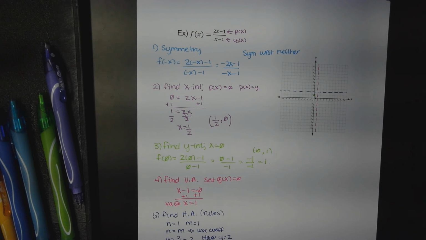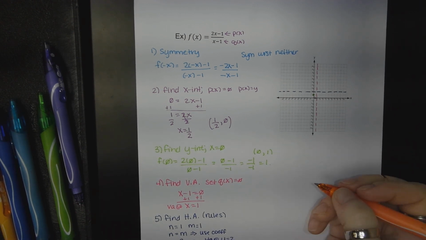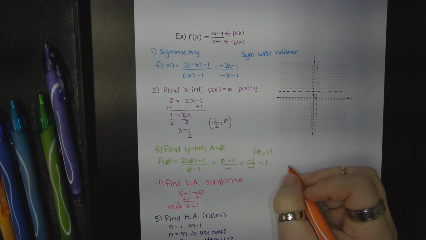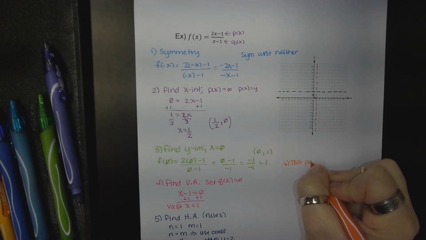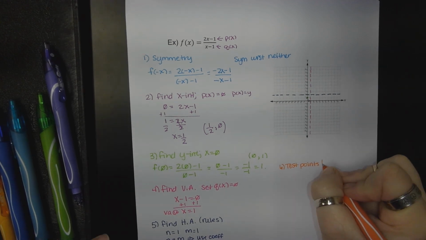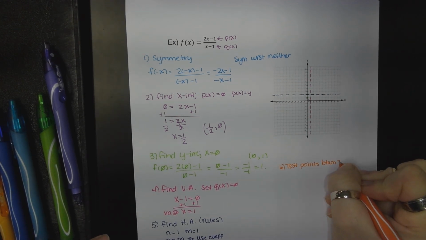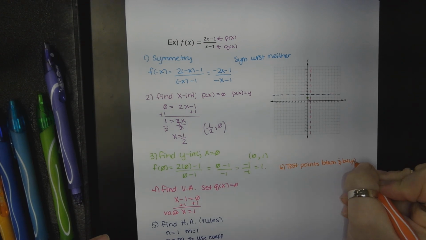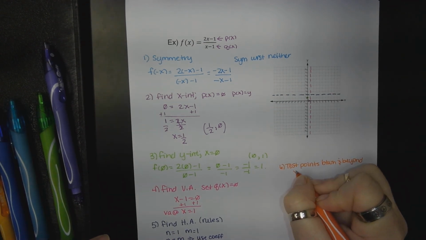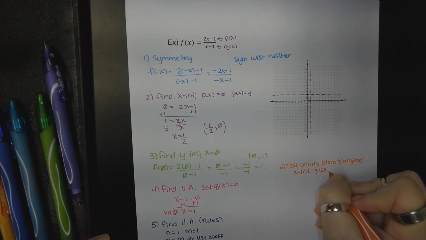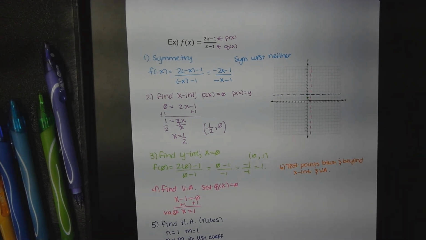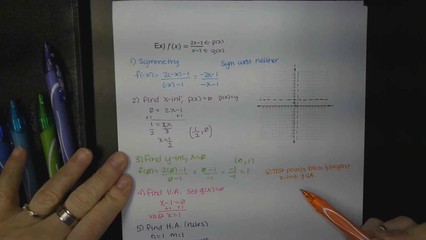Next, we have to find test points between and beyond our x-intercept and our VA. So that's going to be our number 6. I'm going to do that over here. We're going to look for our x-intercept.